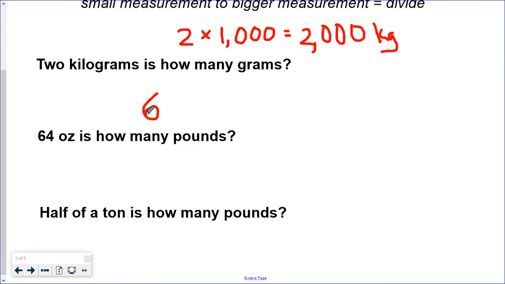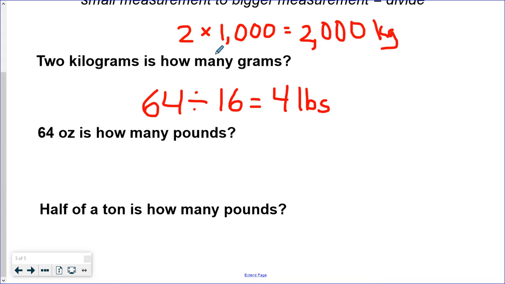So I'm going to take my 64 and divide by how many ounces there are in a pound, and there are 16 ounces in a pound. So 64 divided by 16 is 4. And so my answer would be 4 pounds, in the abbreviation lb, 4 lb.